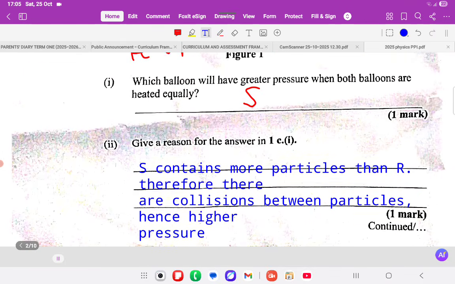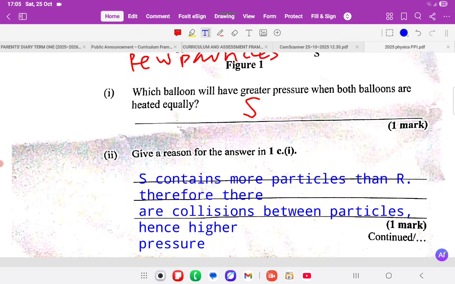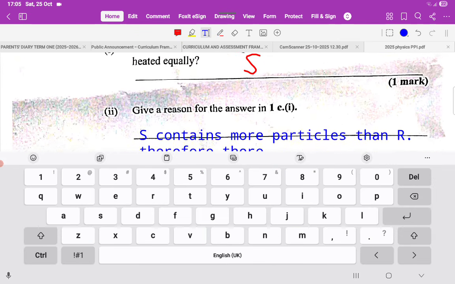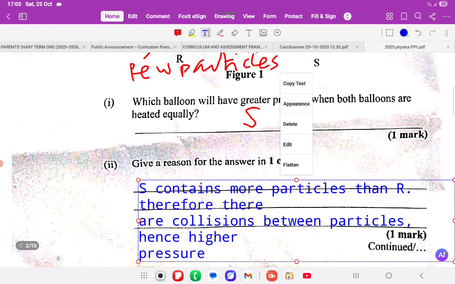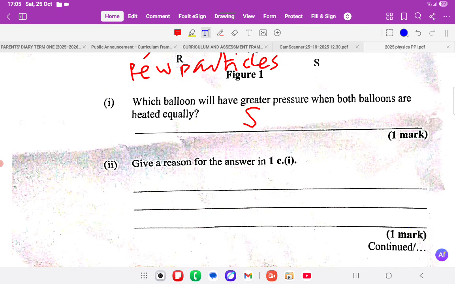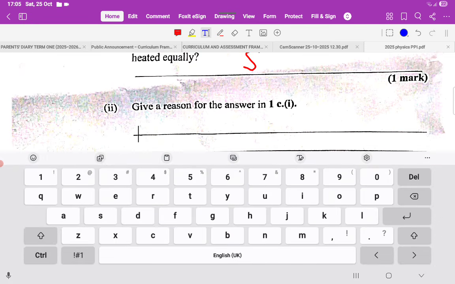Of course the question is just 1 mark. Give a reason. You can shorten this, because the number of marks will always determine how much you have to write.